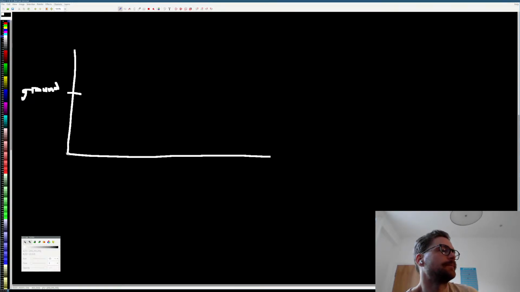Color the pieces. Yeah, that is possible for sure. Yeah, it's a good idea actually. I will think about it.